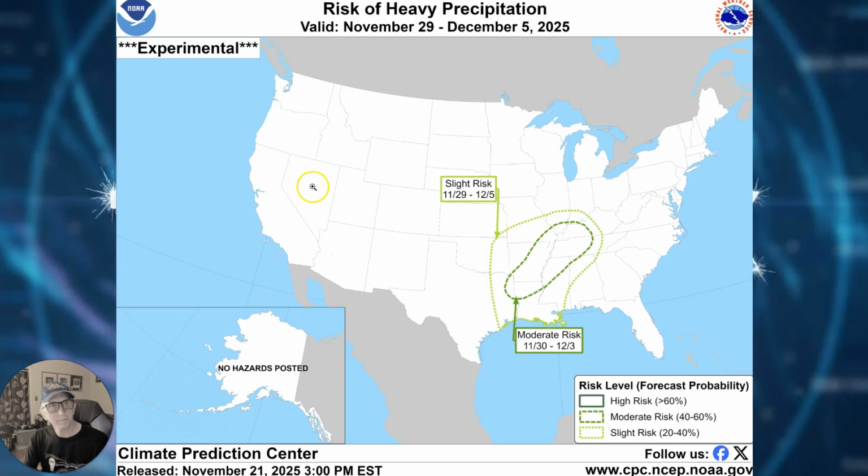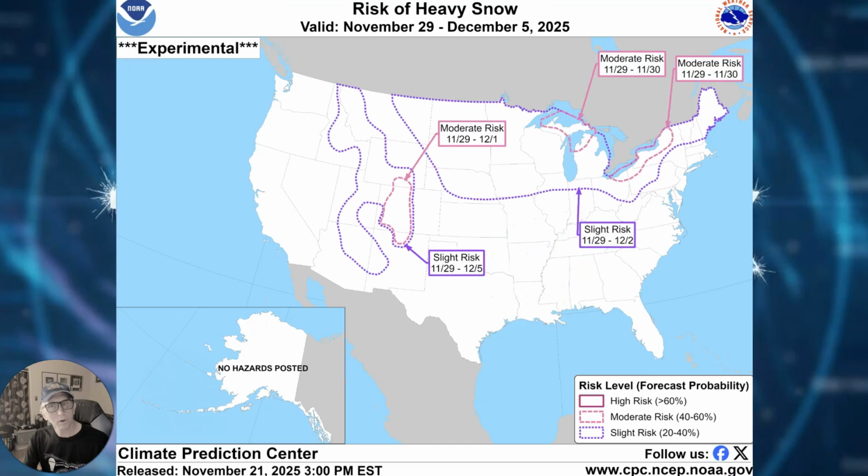But yeah, snow probabilities. This is a lot on this map, isn't there? So you have moderate risk in the favored areas, the lake effect snow areas for heavy snow, and surrounded by a slight risk in these areas where the dots are.